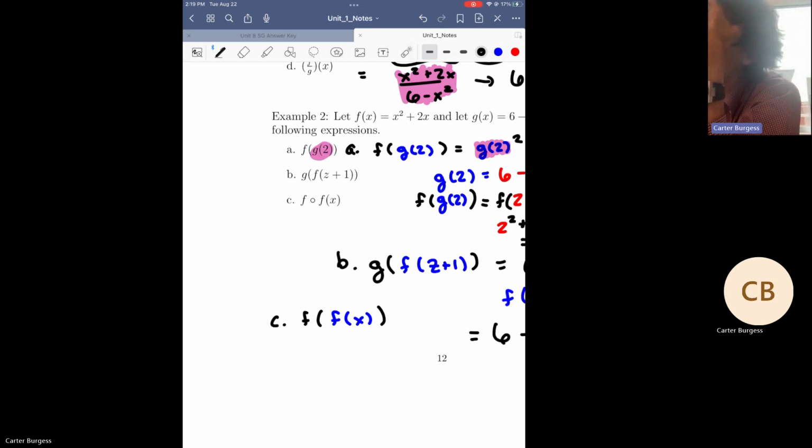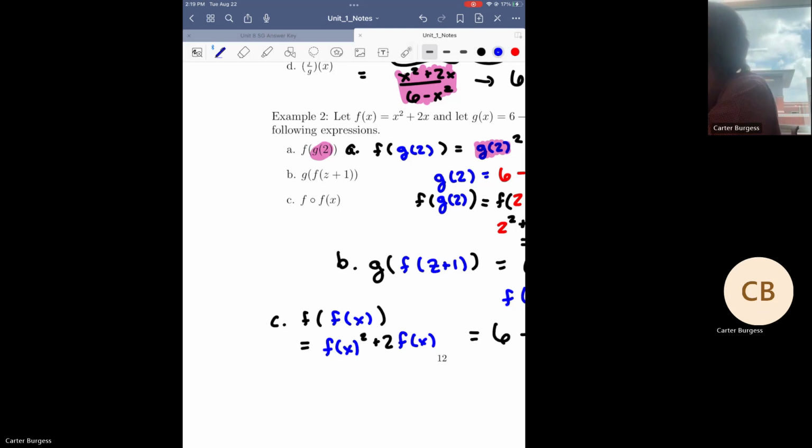All right, let's see what that's going to give us. That is going to become f of x squared plus 2 times f of x. That's great, but we can do better. We know what f of x is. F of x is just what we have up here. So we replace what we see, and what do we end up with?